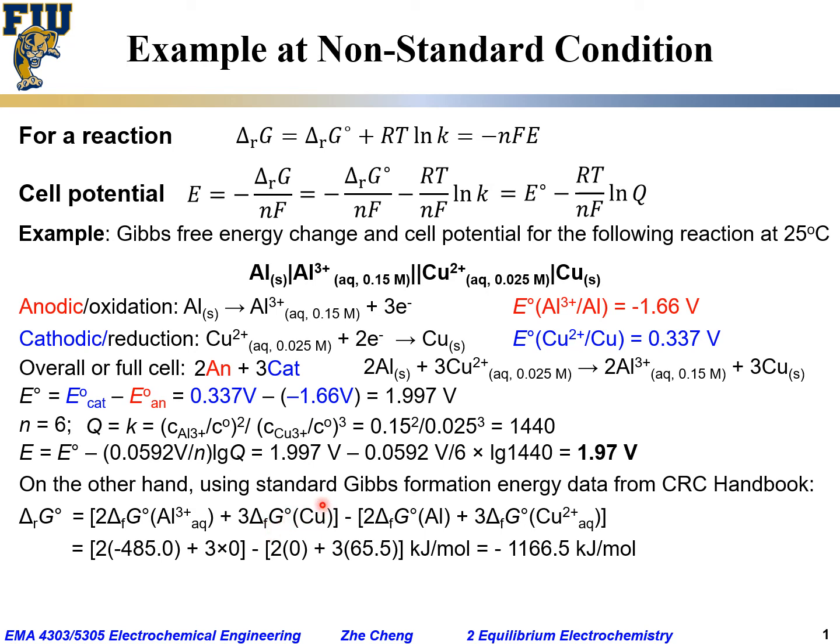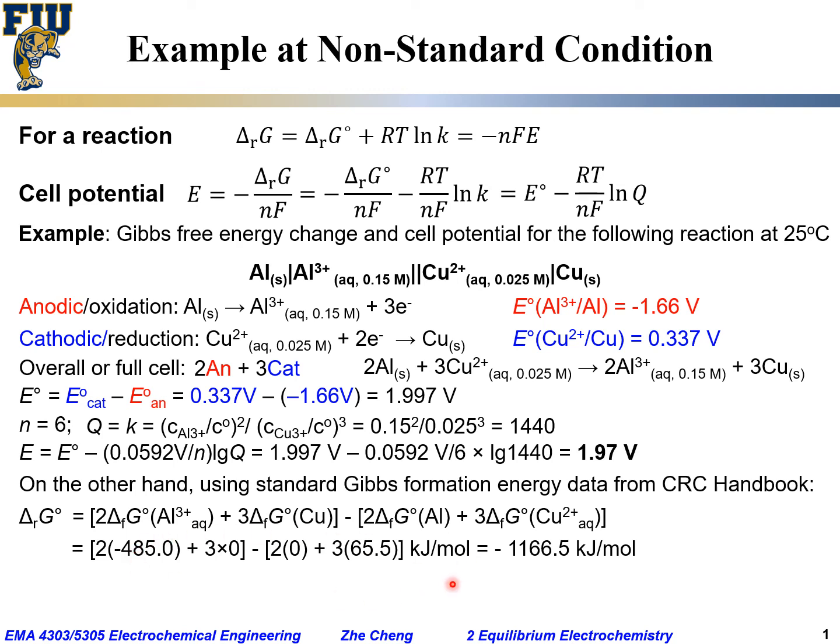plus 3 times 0 because the formation energy for elemental copper would be 0, minus the formation energy for aluminum, which is also 0, 2 times 0, the coefficient, plus 3 times the Gibbs formation energy for copper 2+ ion. And if you check the literature, this CRC handbook, it will be 65.5 kilojoule per mole.